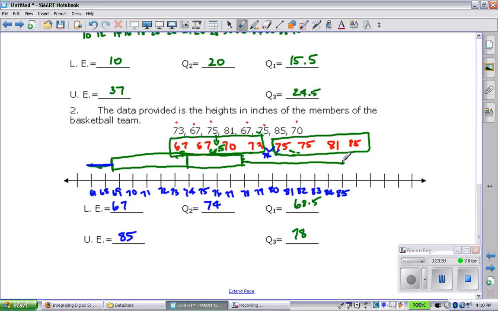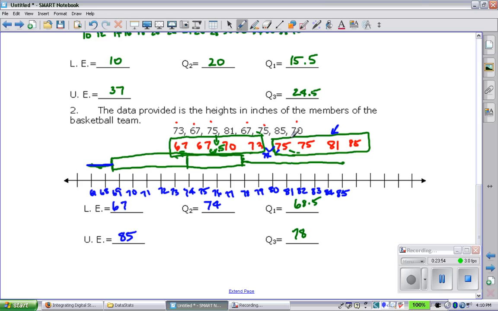It looks like there could be an outlier because that whisker is so long, but when you go back and look at your data, if you have that luxury of being given the data, you can see that 85 doesn't really stick out like a sore thumb because 81 is right there, and that's pretty close, and 75 isn't too far off. So this is a fairly well distributed group of data.